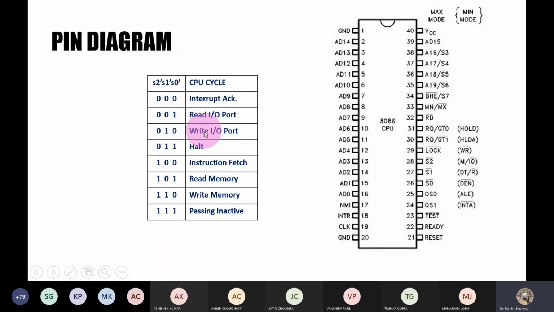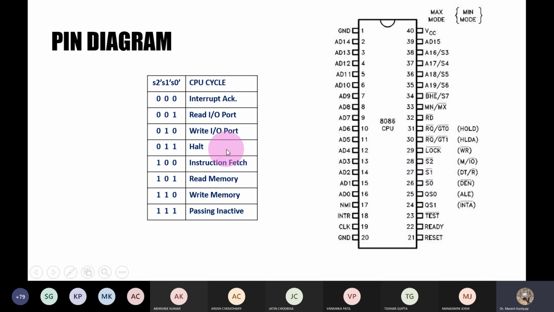For 010, we are writing the input output port. And for 011, the halt operation will be done, because at the end of every program, you have a halt instruction. And how do we know that the computer has come to a halt? For that, we have this 011, which will be indicated on these status bits.